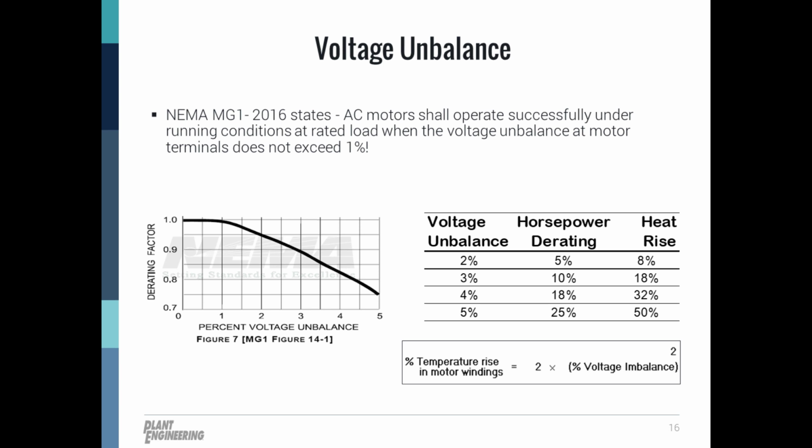The point to be made here is that even minor voltage unbalance can lead to horsepower derating for your motor. And you'll see here in the chart shown from NEMA MG1, which I like to call our motor Bible, that voltage unbalance exceeding 1% can lead to derating and excess heat.